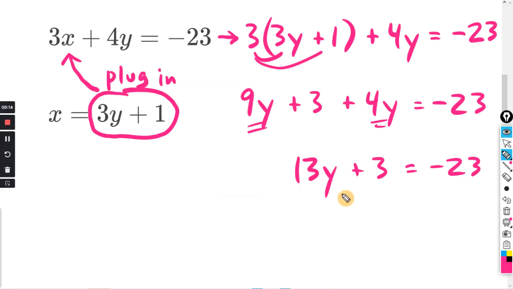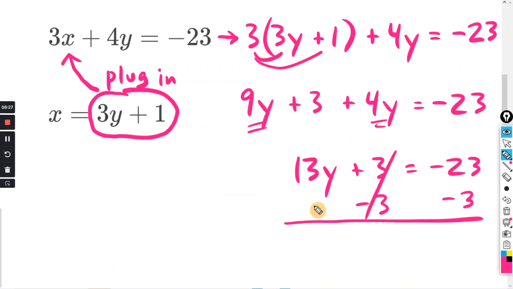Okay, subtract. We want variables on one side and numbers on the other. The opposite of positive 3 is minus 3, negative 3. So I'm going to subtract 3 on both sides of the equal sign. 3 minus 3 is gone. That's just 0. Bring down the 13y. Bring down the equals. Negative 23 minus 3 is negative 26.